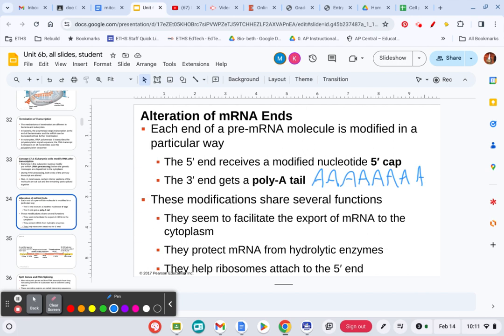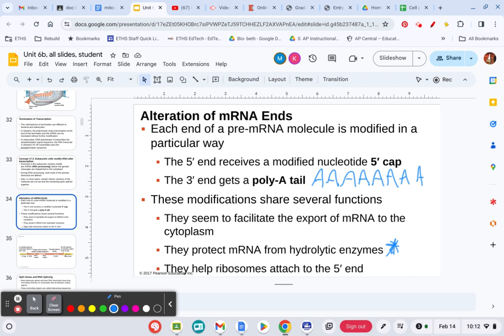The other thing that happens is it's the 5' end. The 5' end is going to help protect the mRNA from hydrolytic enzymes. What is hydrolytic? Hydrolysis. What is hydrolysis? Breaking something with water. So these are enzymes that are working with water to break apart molecules.